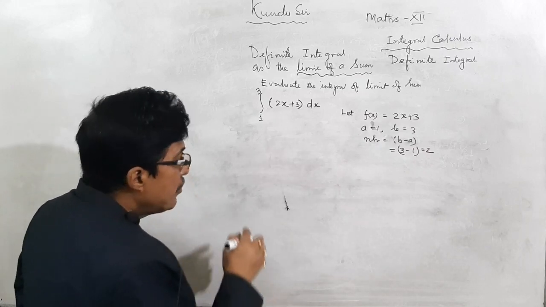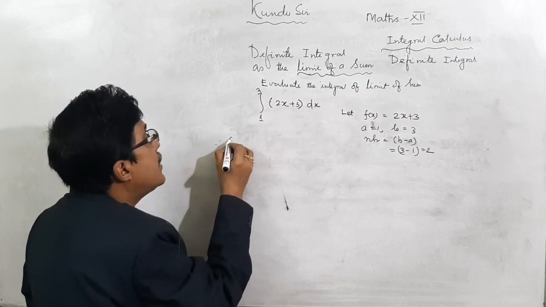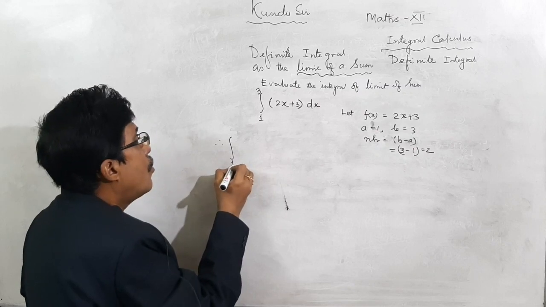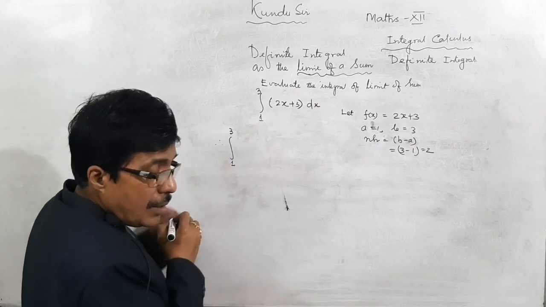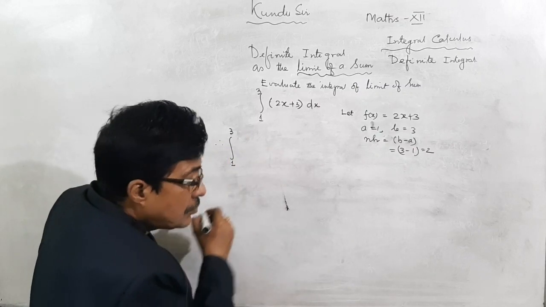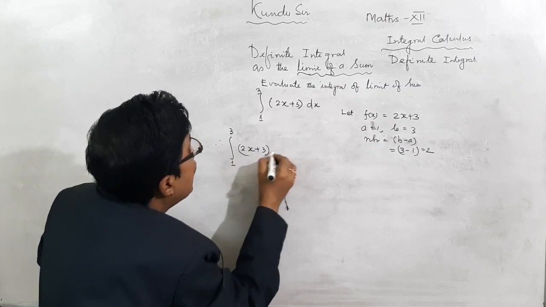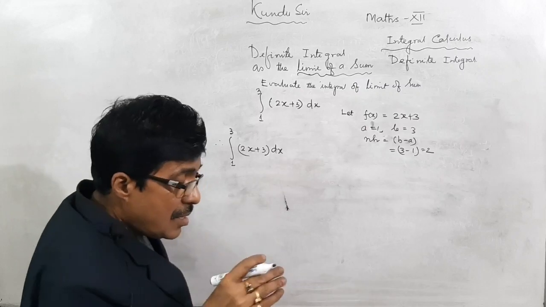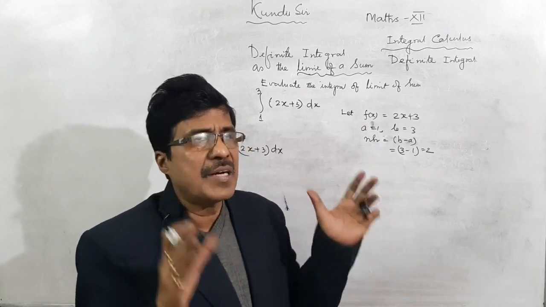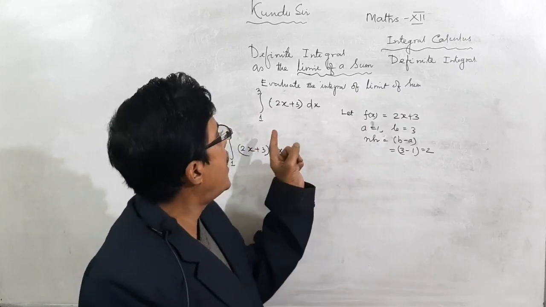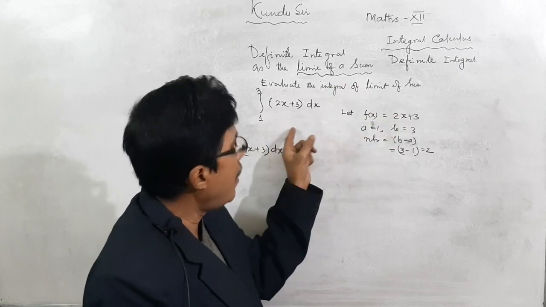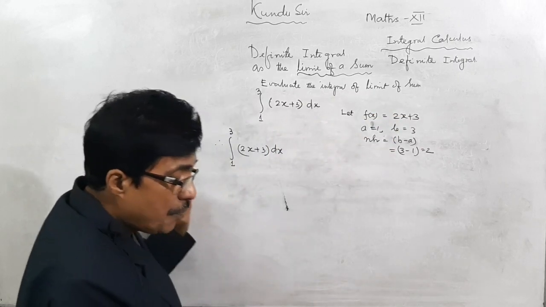So therefore, the integration from 1 to 3 of 2x plus 3 into dx. Now we are expressing the function as the limit of sum. So how?